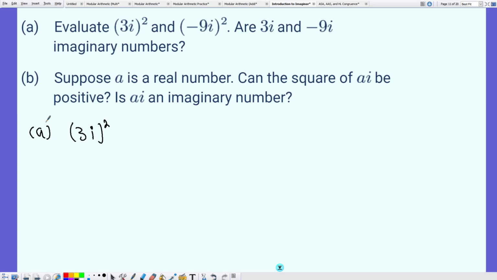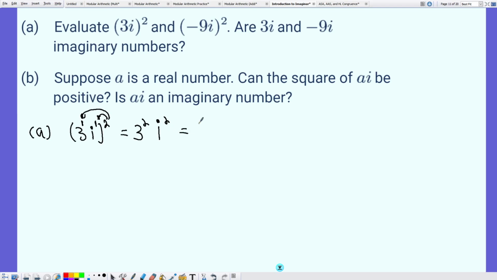Well, we remember the distribution rule for exponents. This is 3 to the first power, and we can think of this as i to the first power. So we have to distribute, meaning we multiply the exponents. So 1 times 2 is 2. We get 3 to the second power, and we get i to the second power for the same reason.